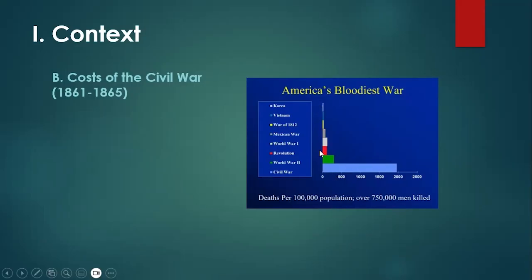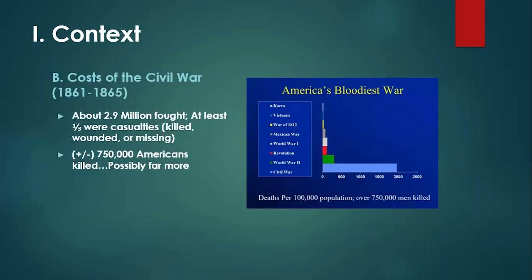Even if we add together all these different conflicts and their casualties, that's not even going to come close to the losses that the U.S. faced in the Civil War. There were about 2.9 million Americans who joined the conflict on either side, whether for the Confederacy or for the Union, and about a third of those were recorded as casualties by the end of the war, meaning they were either killed, wounded, or missing.